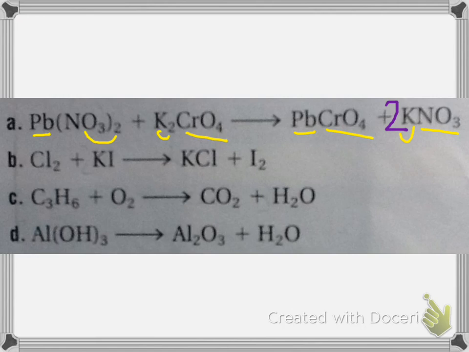So this is balanced. Letter B, two chlorines, one chlorine, coefficient of 2 in front of potassium chloride. One potassium, two potassiums, a coefficient of 2 in front of potassium iodide. Two iodide, this is balanced.